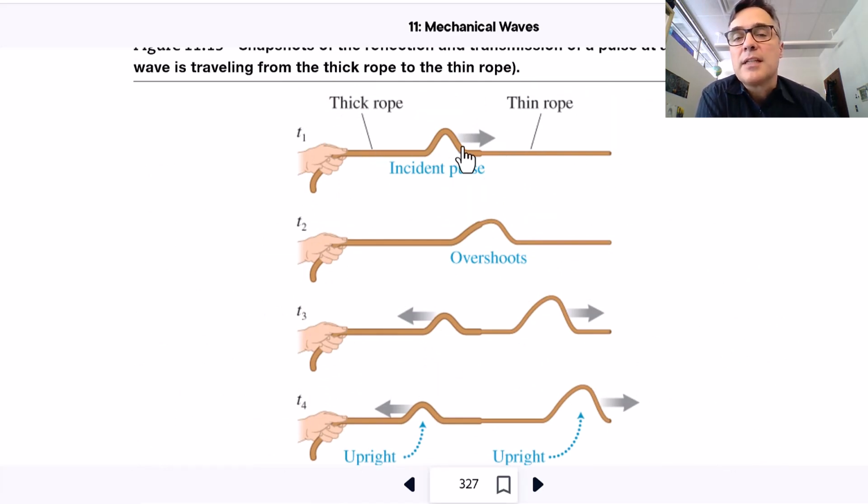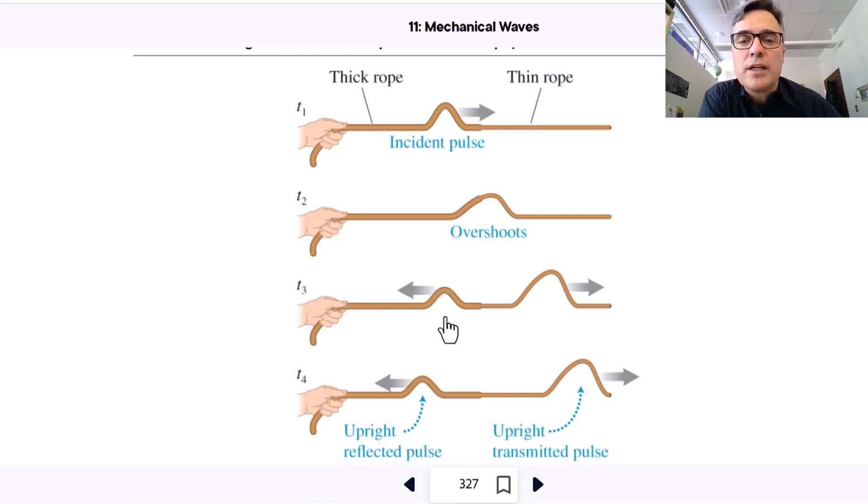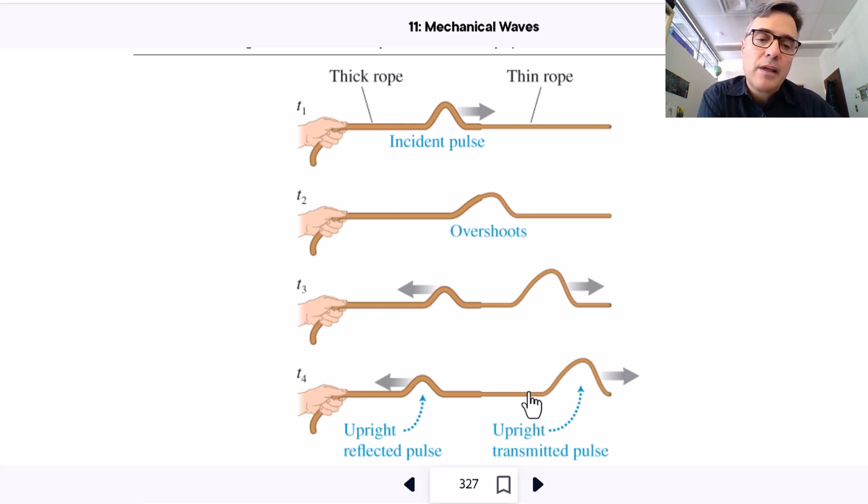What happens here is similar to when you have the sliding ring. You have a reflected wave which is in the same direction as the incident wave. The incident wave comes in and splits into a positive reflected pulse and a positive transmitted pulse. And there's usually a higher amplitude on the transmitted pulse there.